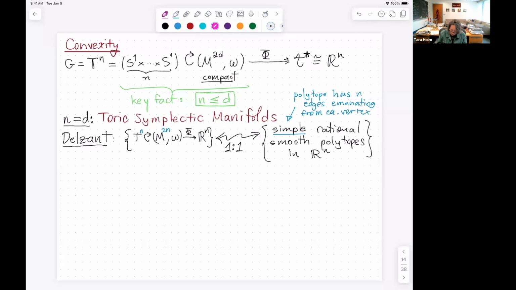Rational means that the edges point in lattice directions. And smooth means that at a particular vertex where I have n lattice vectors coming out of the vertex, these are a Z-basis of the Z^n lattice.